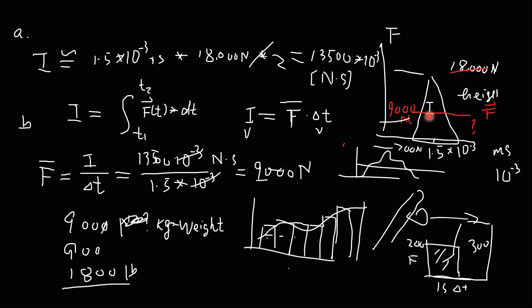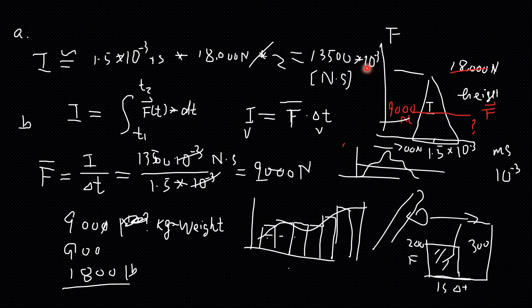So first, what is the impulse? In this case we can calculate it exactly. The base times height divided by 2, and the base here is 1.5 if you look at the chart, and the height is 18,000. You do the base times the height divided by 2, that is 13,500 times 10 to the negative 3, because that is milliseconds.